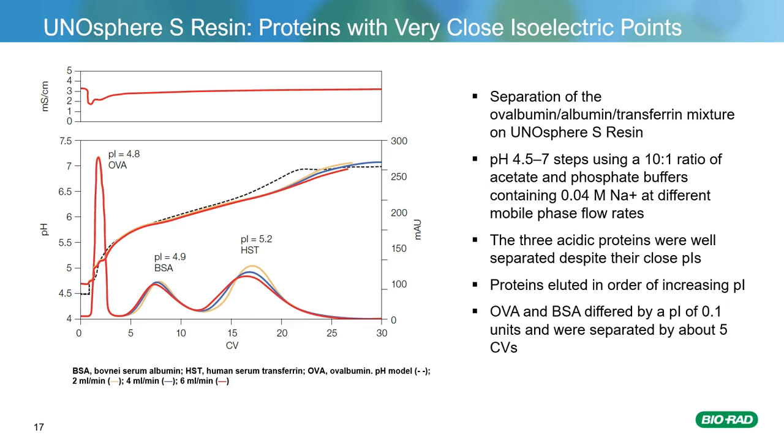The conductivity remained very low throughout the separation, between 2 and 3 millisiemens. Both conductivity and pH traces demonstrated little sensitivity to the flow rate. The three acidic proteins were well separated despite their close pIs and eluted in order of their pI during the pH gradient. Ovalbumin and BSA, which differ by a pI of 0.1 units, were separated by about 5 CVs.